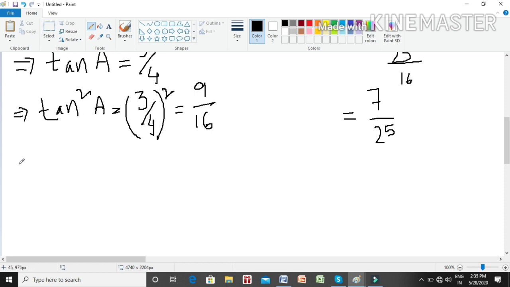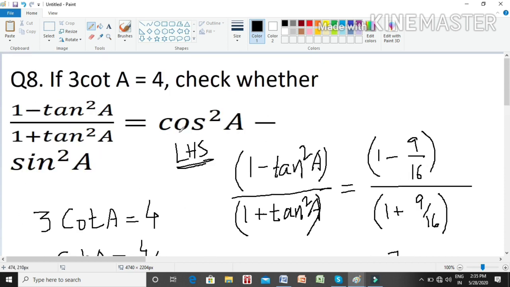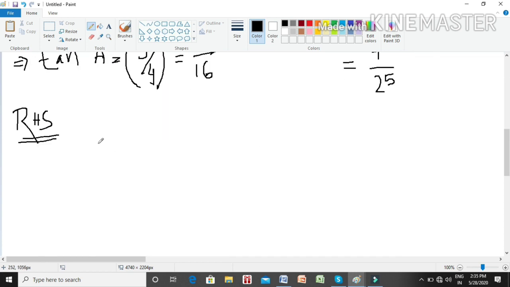Now let us start with the RHS. So what is RHS? RHS is cos square A minus sin square A. We have to figure out the value of cos A and sin A, and with this we can conclude.